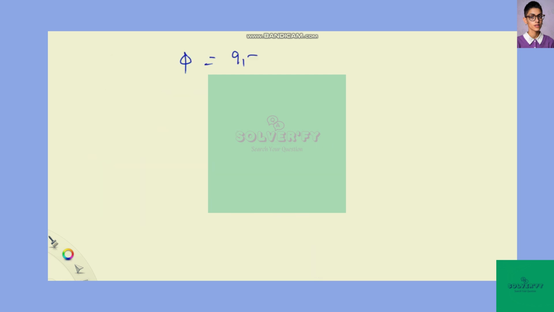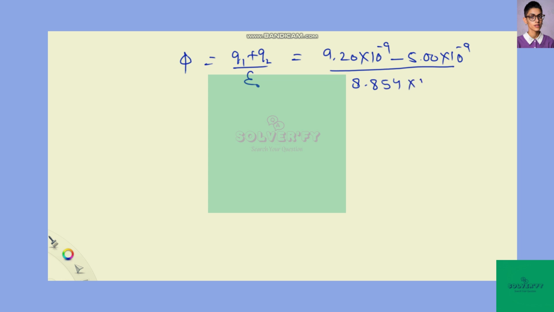That is, Q1 plus Q2 by epsilon naught, which is 9.20 multiplied by 10 to the power minus 9, and for Q2, negative 5.00 multiplied by 10 to the power minus 9, and for epsilon naught, 8.854 multiplied by 10 to the power minus 12. So this flux is calculated to be equal to 474.4 Newton meter square per coulomb. This is one of the answers for this given problem.